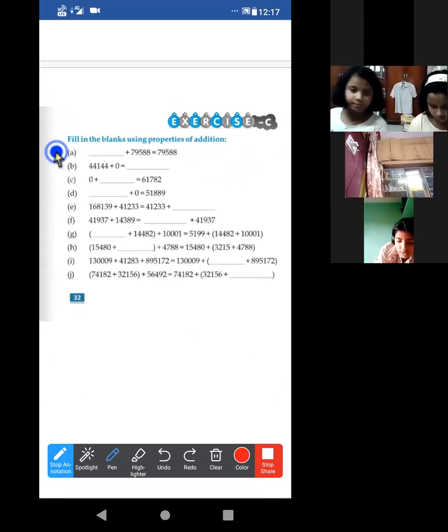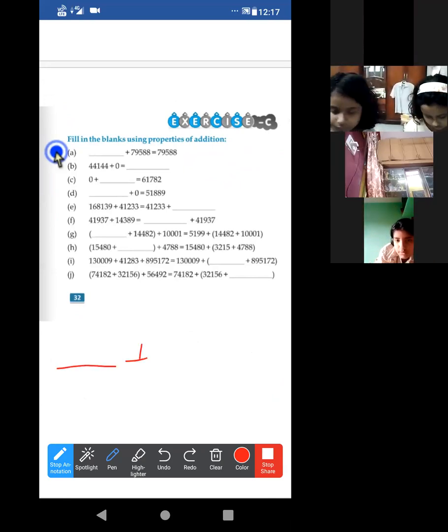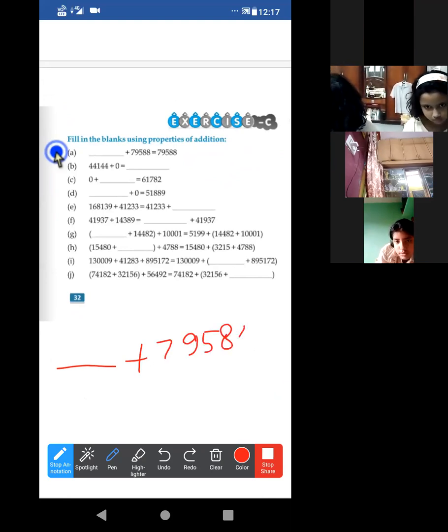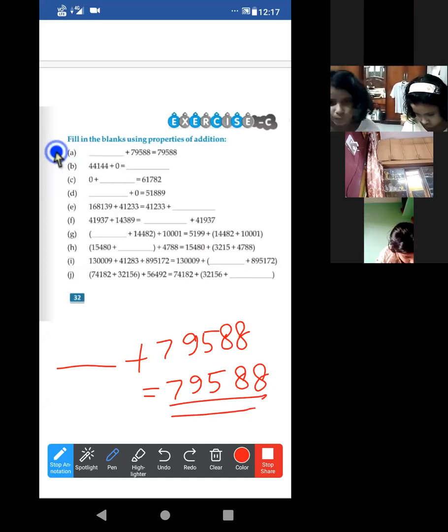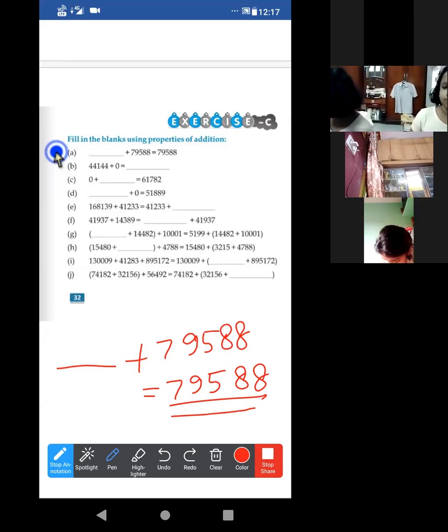Fill in the blanks: dash plus 79,588 is equal to 79,588. Now, if we add any number, then we'll get the number back? No, only in case of 0 we'll get the number back. Property of 0, right?